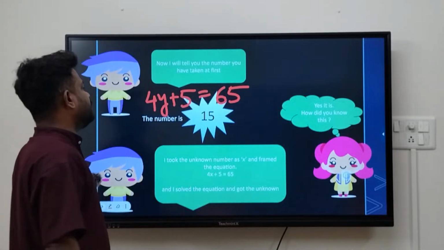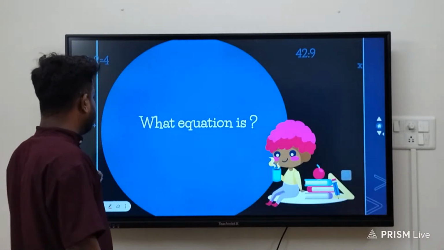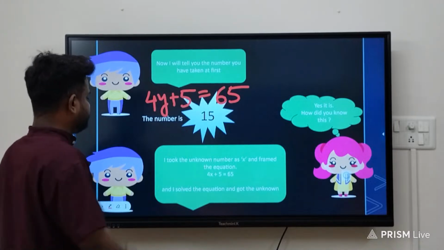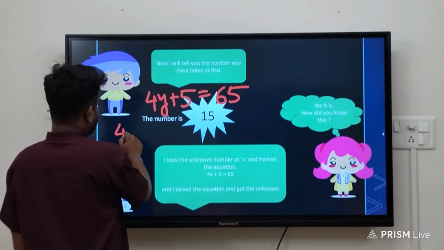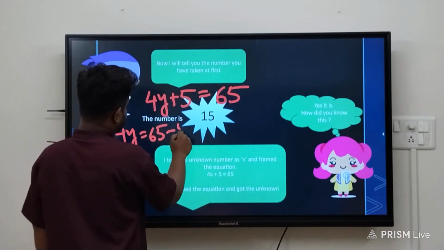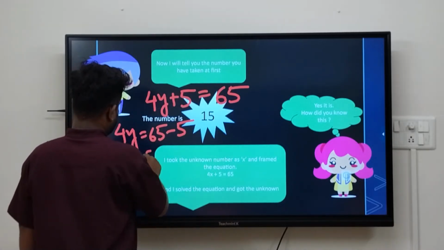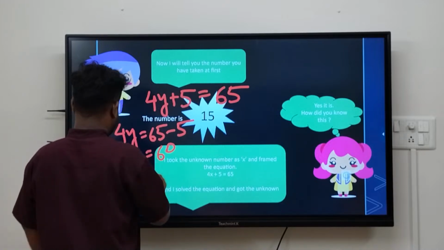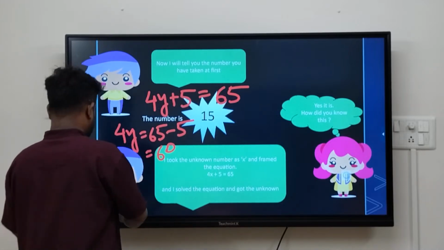Now we have to solve this. How can we solve it?